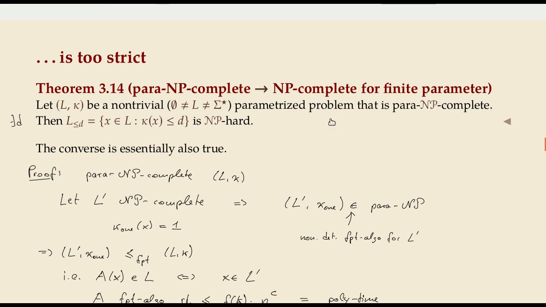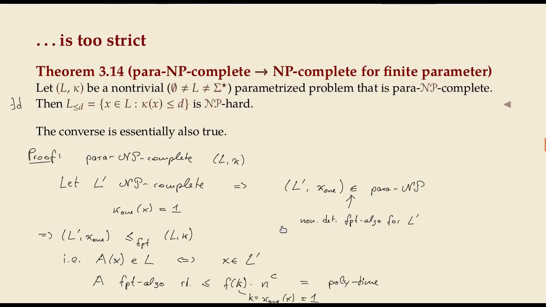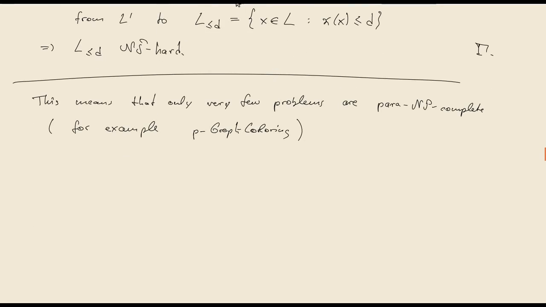And then by the converse direction I haven't shown, the problem is para-NP complete. But for the larger class of interesting problems, I'll give just a few examples. P-clique, P-independent set, and P-dominating set.